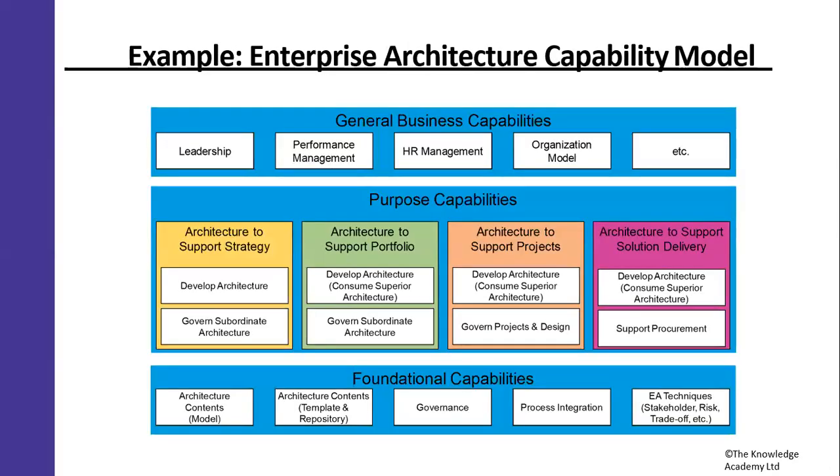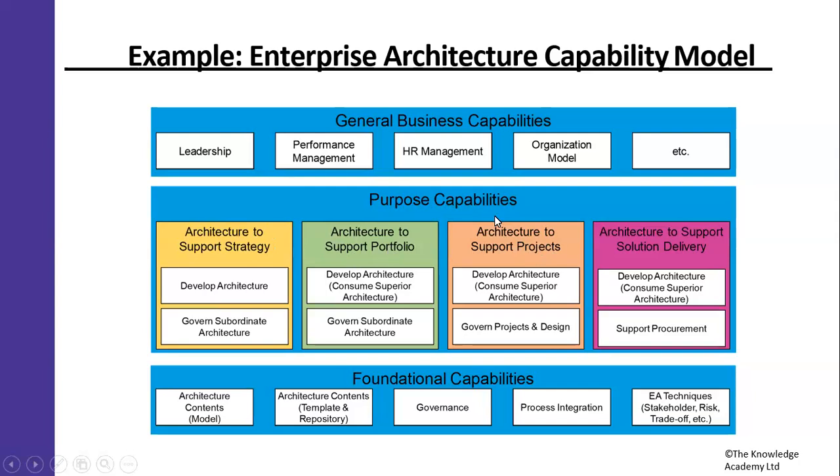All these are different capabilities. HR capability, the accounts capability, IT capability, all these are capabilities. Then there's something called purpose capabilities. For example, architecture to support the strategy, architecture to support the portfolio, the project.